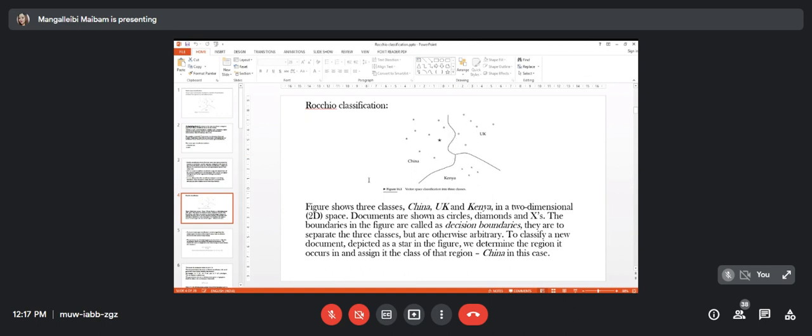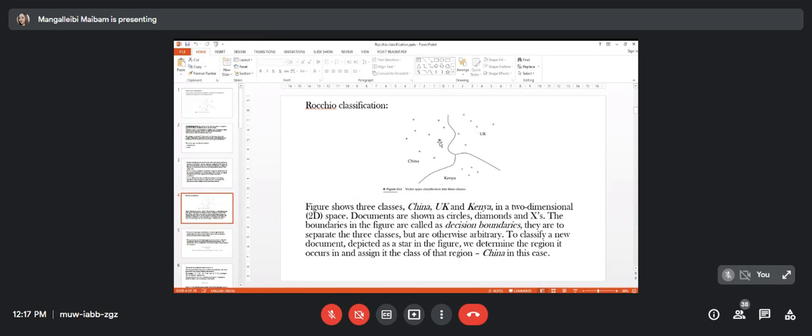It may be three classes or two classes or more than one class. When you have different classes, it will be more than one class. If there is only one class, then there is no need to have a decision boundary. If there is more than one class, then there will be decision boundaries. To classify a new document, for example, you can see a star symbol here.